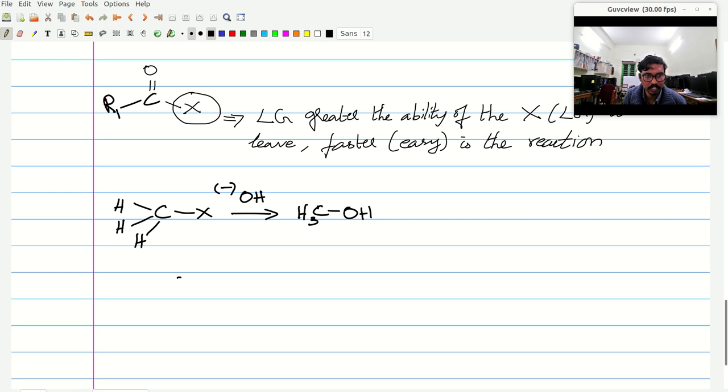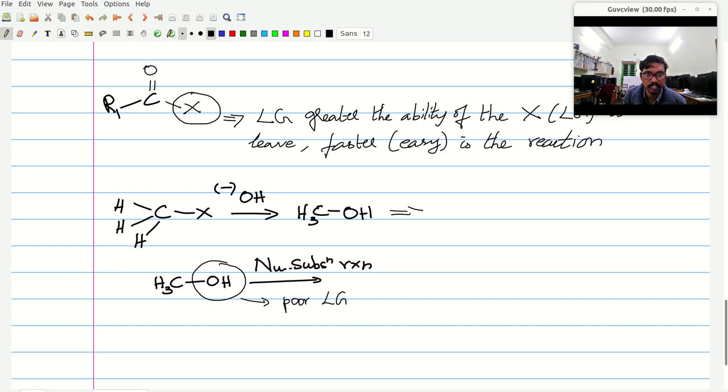Now there we said that alcohols do not undergo nucleophilic substitution reaction because of the simple reason that OH minus is a poor leaving group, whereas here the reaction occurs because X, which can be a chlorine or a bromine, is a good leaving group.